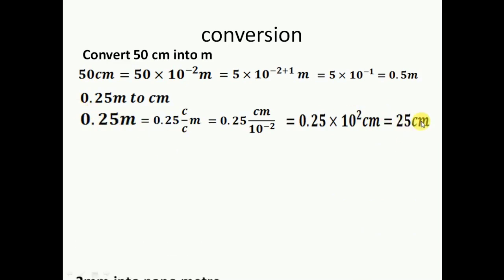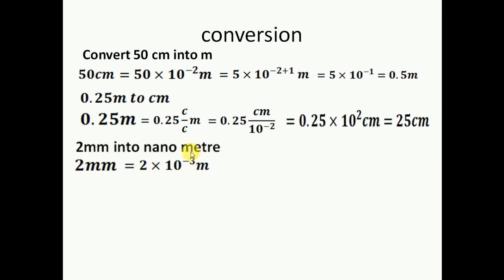So let's take one more example. I'm converting 2 millimeter into nanometer. Nano means 10 to the power minus 9. Milli means 10 to the power minus 3. In this 2 millimeter, I don't need this milli. So I'll just put the value for this milli, and milli is 10 to the power minus 3. So I got 2 into 10 to the power minus 3 meter. So now I need nano. So I'll divide and multiply by nano and nano.